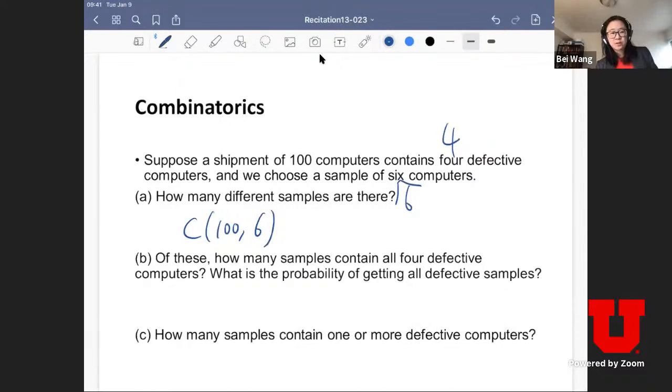Now the second question is, among all those samples, how many samples contain all 4 defective computers? A couple of people in the chat said 100 choose 2.